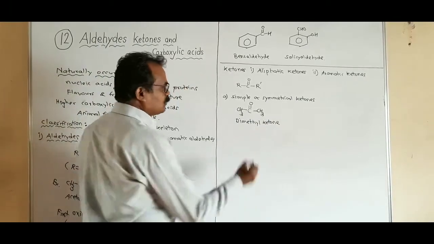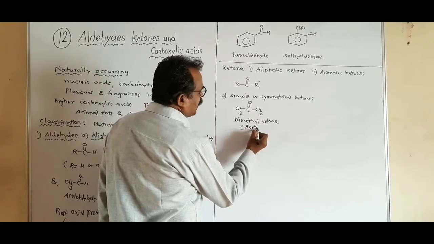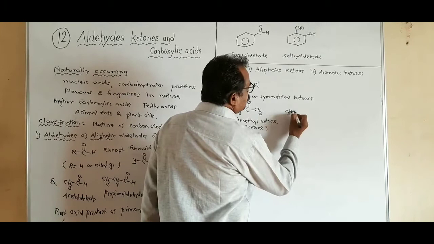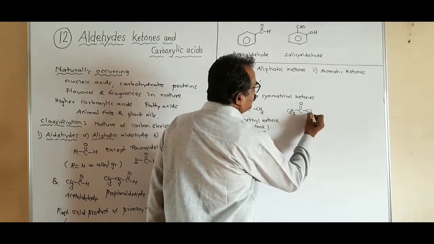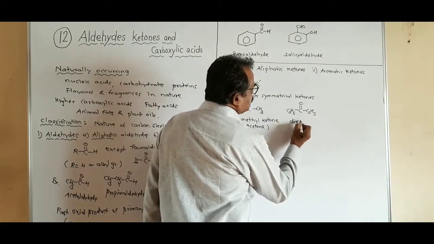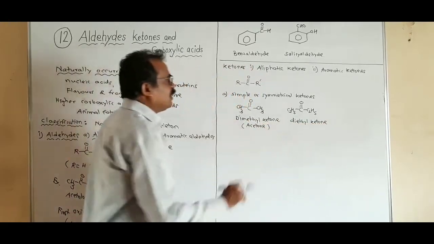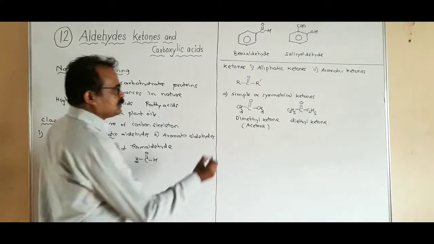Dimethyl ketone, commonly known as acetone, or diethyl ketone, C2H5COC2H5. So these are called simple or symmetrical ketones.